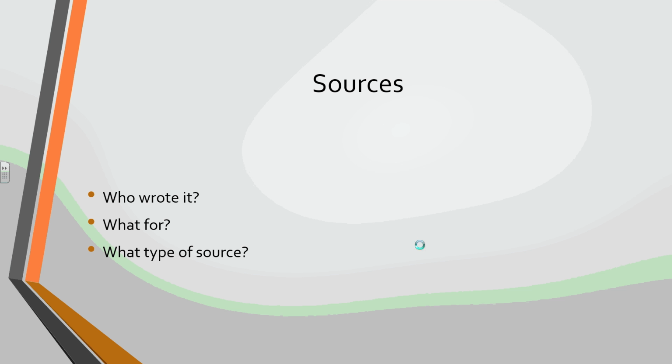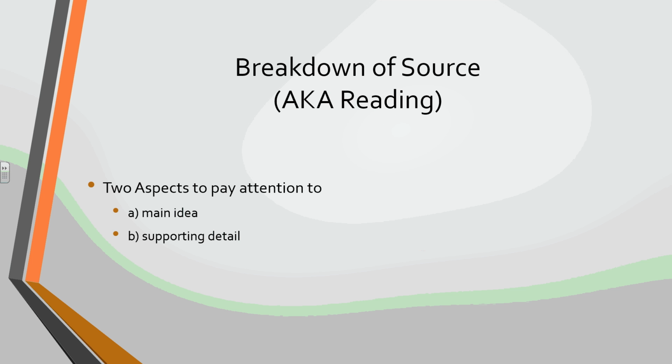They're trying to share facts and information. If it's a textbook, they're trying to teach you some curricular goal. If it's a website, they may be trying to convince you of something, sell you something. And so you need to be very critical of where does this information come from. So when you get any reading for social studies, you start with who wrote it, who did they write it for, and what type of source is it.